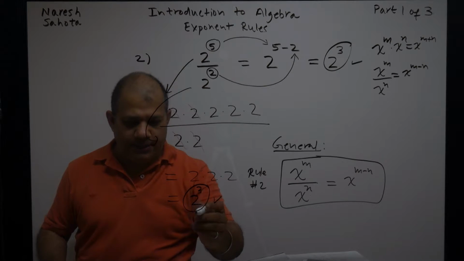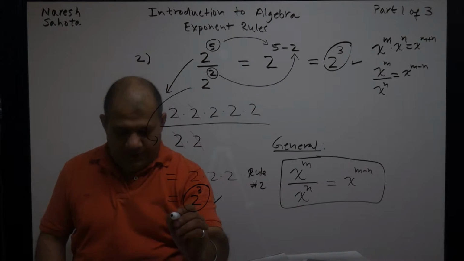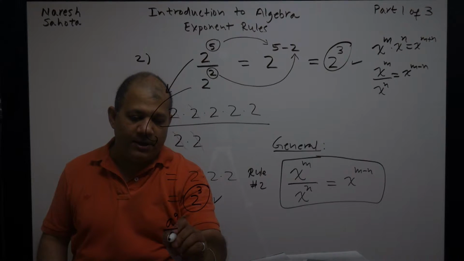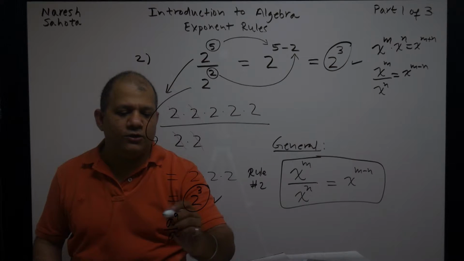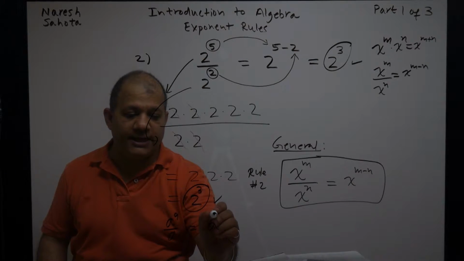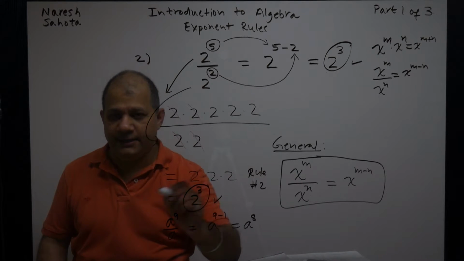Now let's do a couple of examples. So what if we have a to the 9 divided by an a? So this we're dividing with same bases. So subtract the exponents, 9 take away 1, so this will be a to the 8.